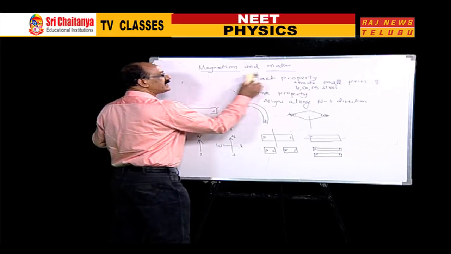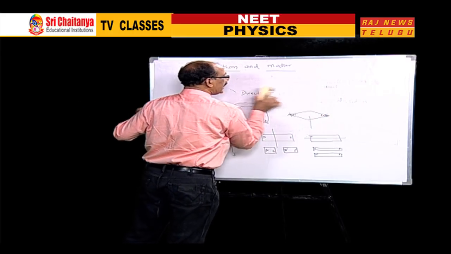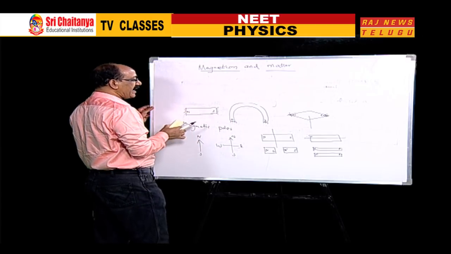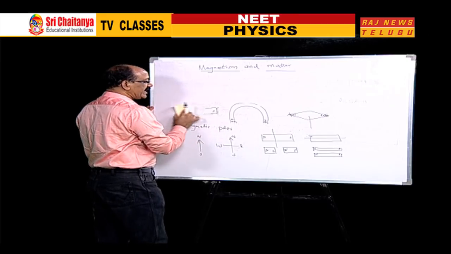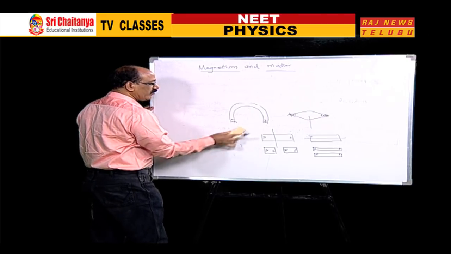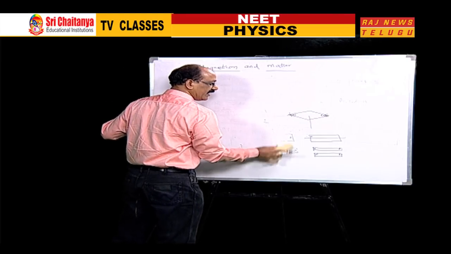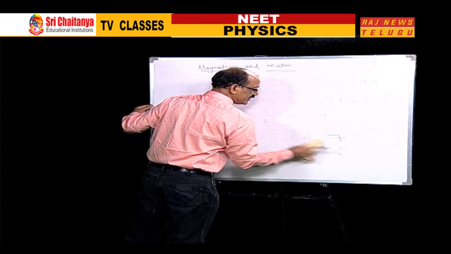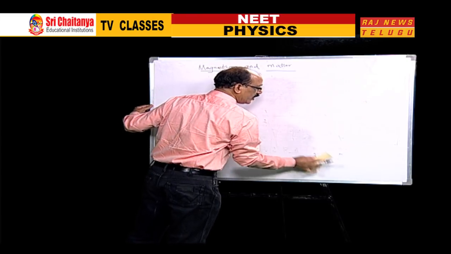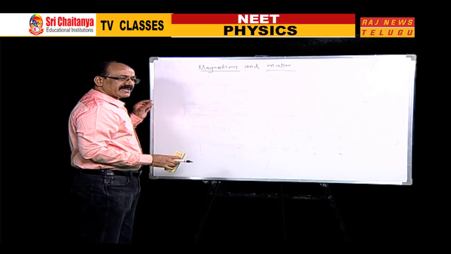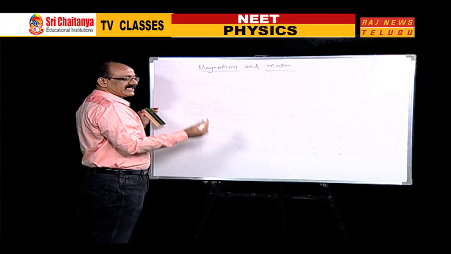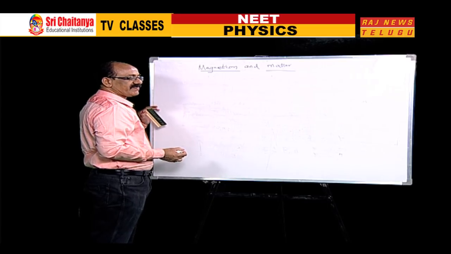Now, why is it that this magnet, that is bar magnet or horseshoe magnet or magnetic needle, has magnetic properties like this? Why at one end is the north pole and at the other end the south pole? To understand it, though it is not included in the +2 level, intermediate level, we will discuss the theory called molecular theory of magnetism.